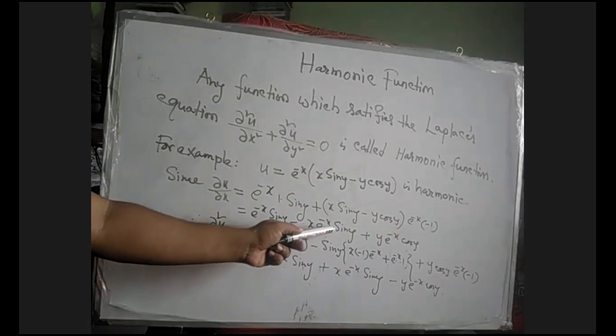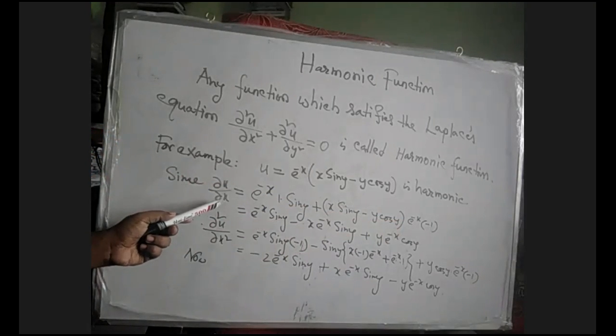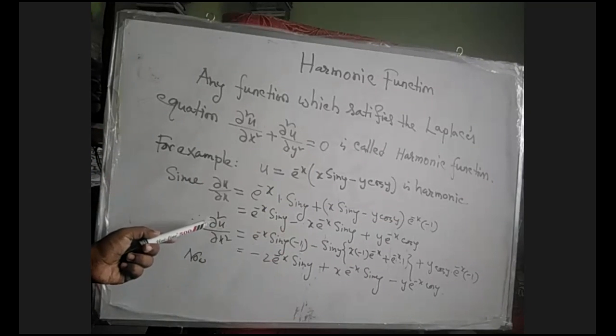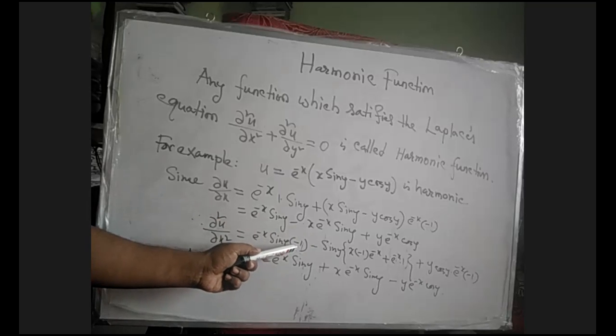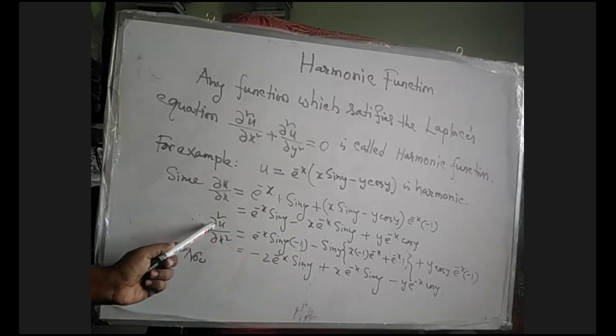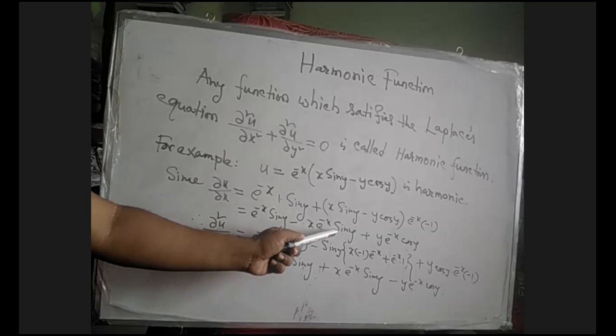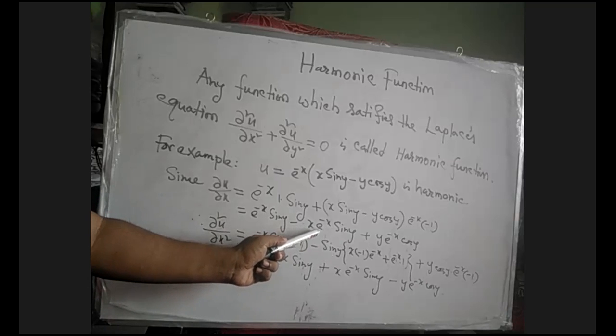So we get the first partial differentiation of u with respect to x, and then the second differentiation, del square u by del x square. Sin y will be constant for the partial differentiation.